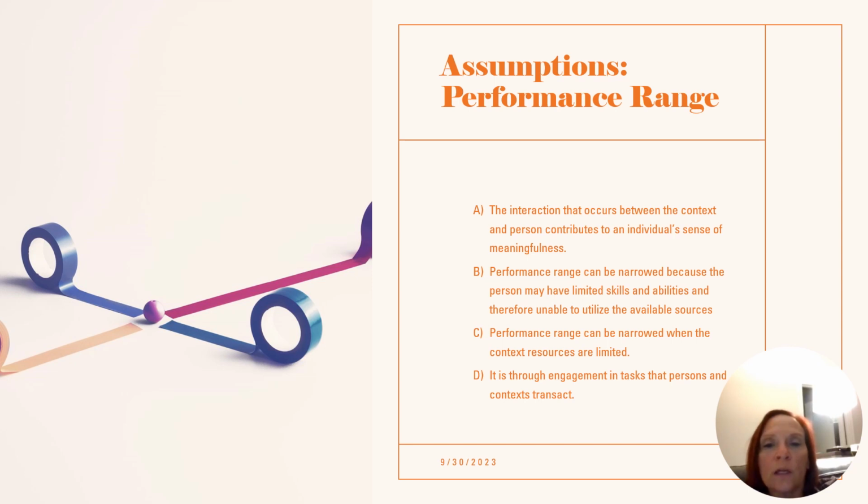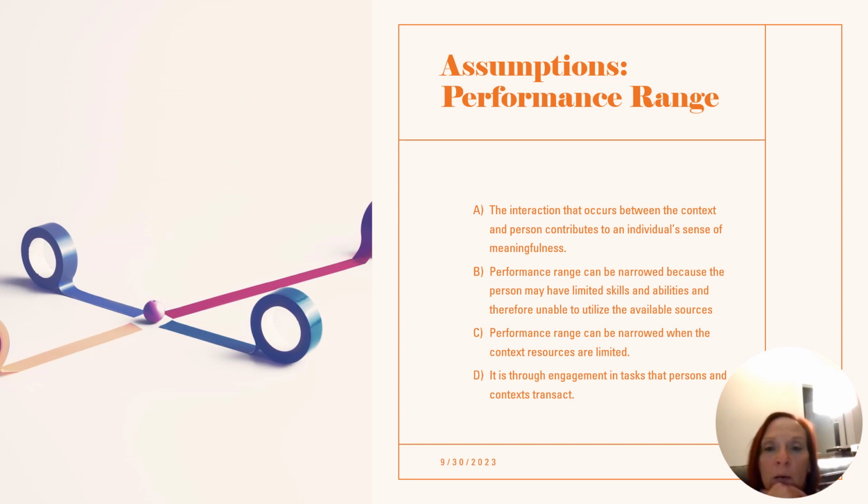For performance range, the interaction that occurs between the context and the person contributes to an individual's sense of meaningfulness. So what they want to do, what they can do, is what is meaningful to them. And we want to do as much as we can to help make that meaningful. Their performance range can be narrowed because the person may have limited skills and abilities and therefore unable to utilize their available resources.